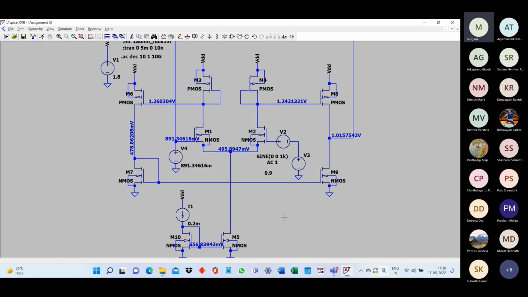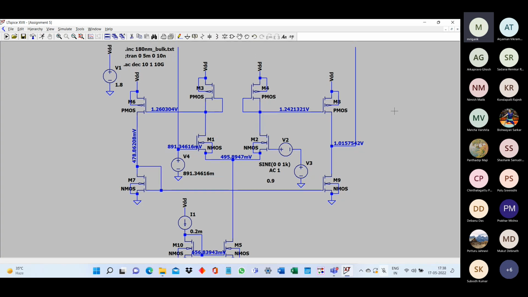Whatever was the bias current in M3 and M4, double that is flowing in M5. And the ratio of M6 and M8 in the beginning was almost double. W was 4 times and L was twice, as far as I remember.